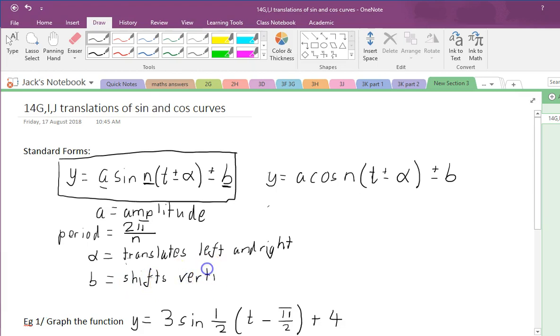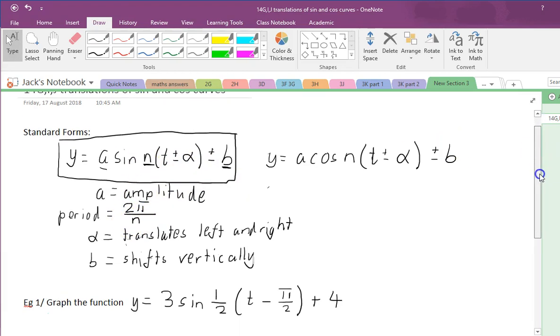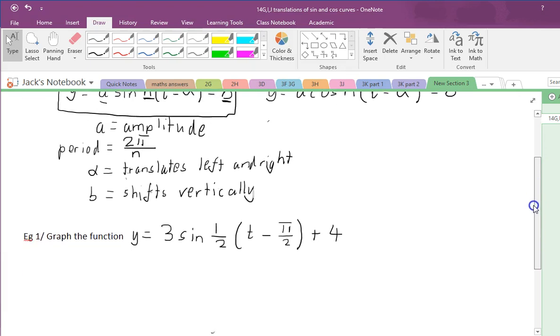And we know that the horizontal shift is the opposite to the sign, so if it's positive alpha, we'd shift in the left-hand direction. If it's negative alpha, we shift in the right-hand direction, whereas the b just shifts up and down. And we'll do a couple of examples now to work through that.